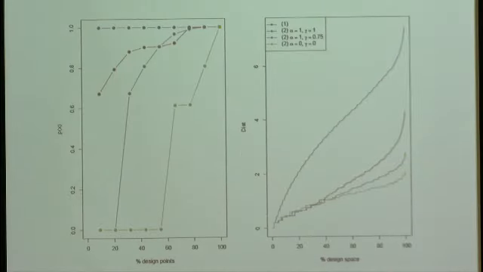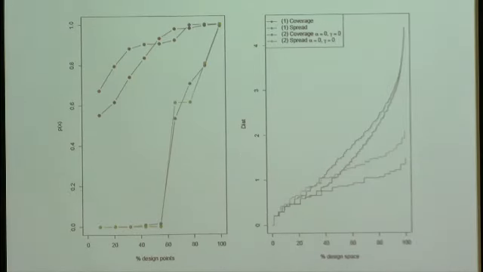And we can look at the same type of plot to compare these designs, but more interestingly is probably to compare the coverage and the spread designs. So here we can see that the coverage designs tend to have lower lines in our fraction of design space plot, so they're performing better under coverage than the spread designs, which is what you'd expect, but they tend to be, in general, slightly lower on the fraction of design space plots.